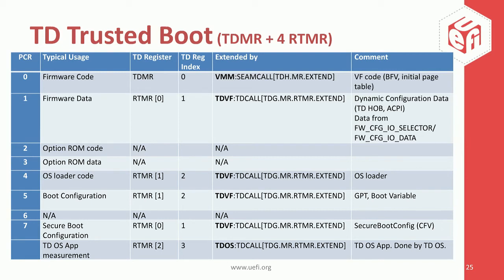Then the secure boot configuration, also a configuration, goes to RTMR 0. The boot-related code or data goes to RTMR 1, such as the OS loader or disk partition. Inside of the TD OS, the OS kernel may extend the application to RTMR 2. RTMR 3 should be reserved for some special usage.